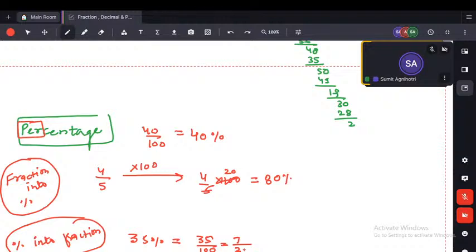It's not 35. 35% will be 0.35. Don't commit a mistake. 3.5 will be 350%, I said. Understood? Yes, 0.35 will be 35%.